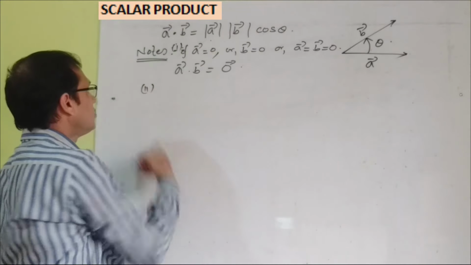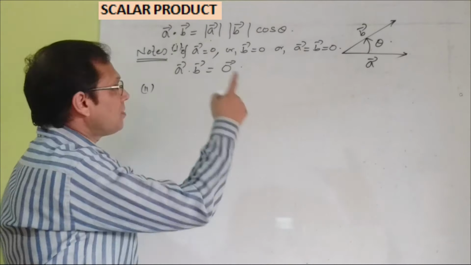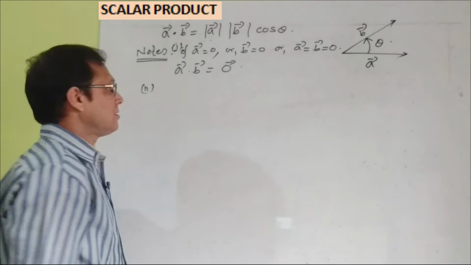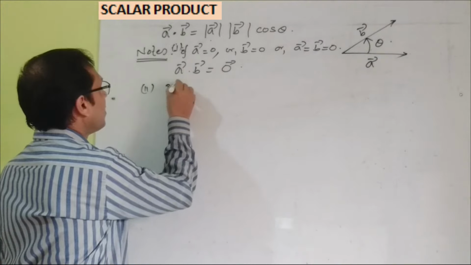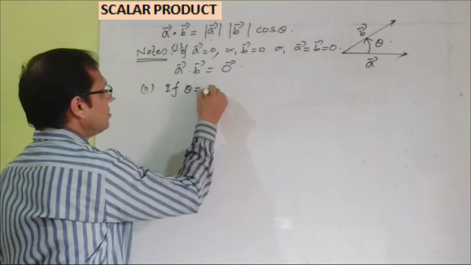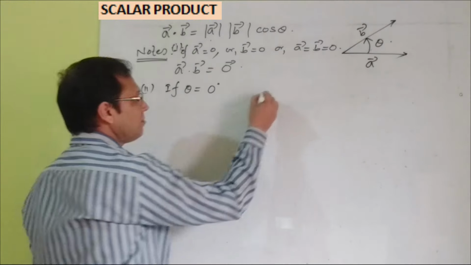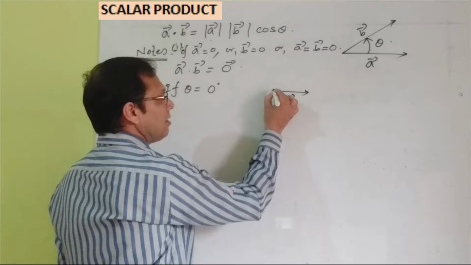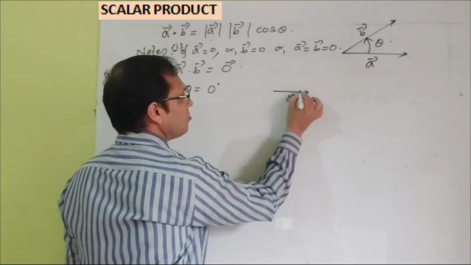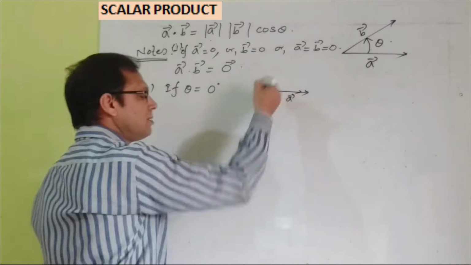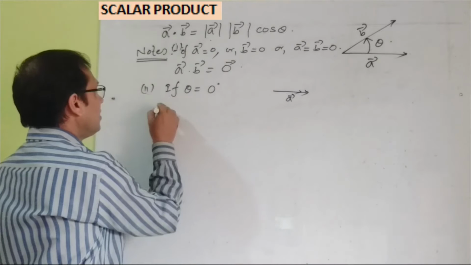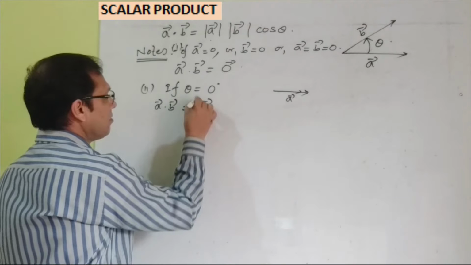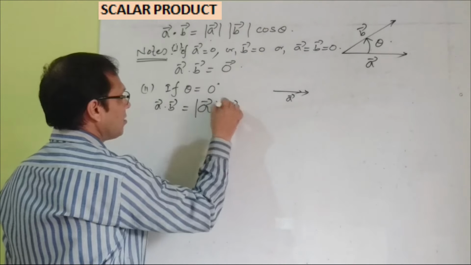In the second note, depending upon the nature of the angle between the two vectors, if theta is equal to 0 degree, that is, if b vector coincides with a vector, so the angle between them is 0 degree, then a vector dot b vector is a vector magnitude into b vector magnitude cos 0.